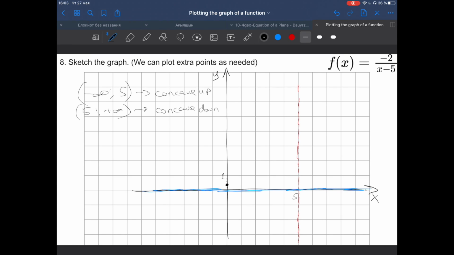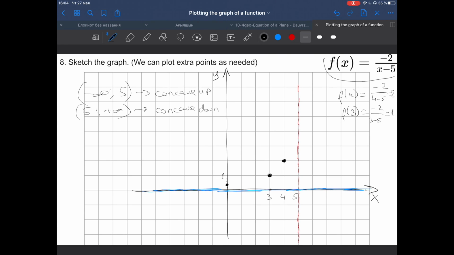For example, if we give 4 to our function, f of 4 will be equal to minus 2 divided by (4 minus 5). Minus 2 divided by minus 1 will be equal to 2. It means that when x is equal to 4, our y is equal to 2. I just found the second point. Let me give here number 3. f of 3 is minus 2 divided by (3 minus 5), which will be equal to 1. Minus 2 divided by minus 2 will be 1. When we give to x number 3, our y is equal to 1.